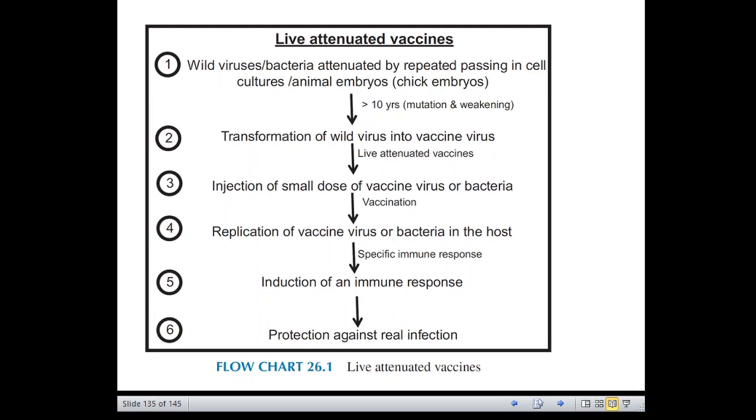If you look at the examples of live attenuated vaccines, we have vaccines for measles, mumps, rubella, that is MMR vaccines, cowpox, yellow fever, influenza, and oral polio vaccine. In case of bacteria, live attenuated bacterial vaccines include the tuberculosis BCG and the oral typhoid vaccine.